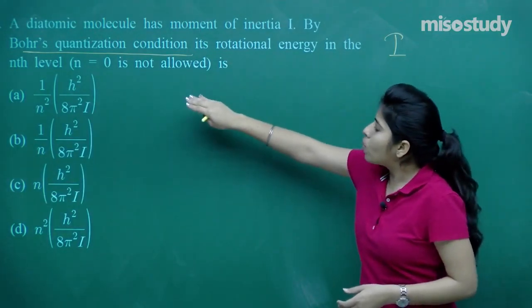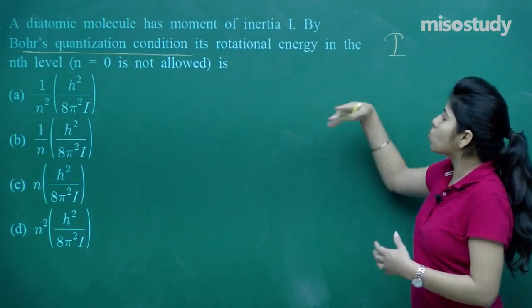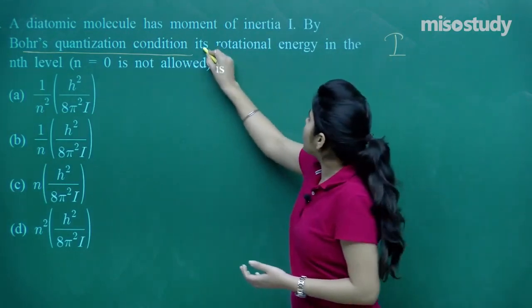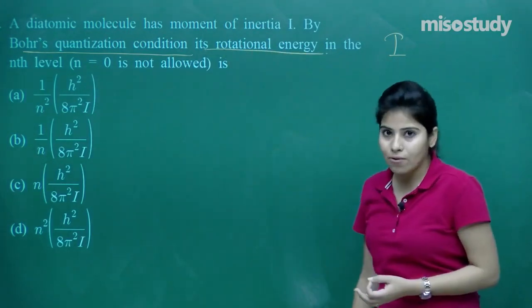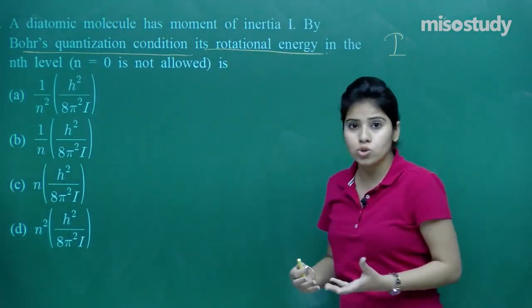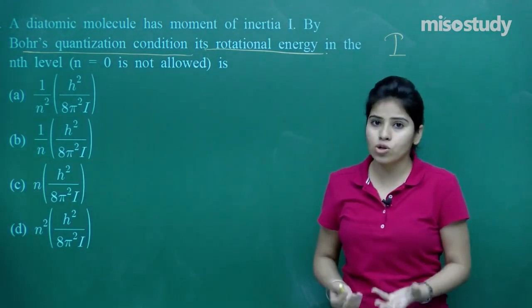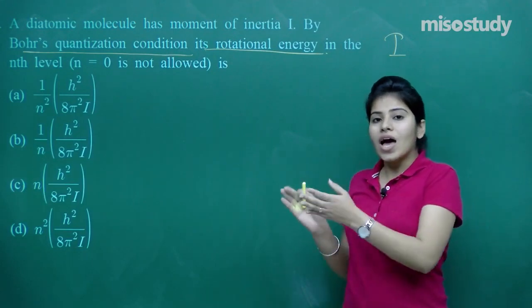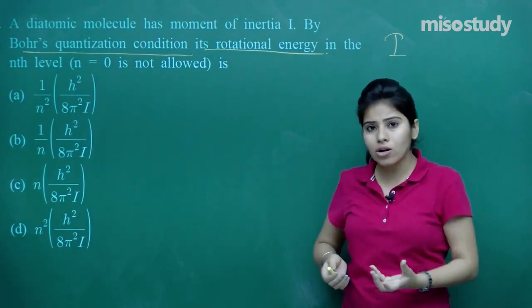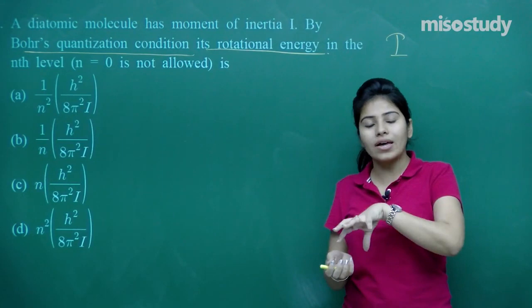By Bohr's quantization condition, its rotational energy in the nth level, where n equal to 0 is not allowed, will be what?